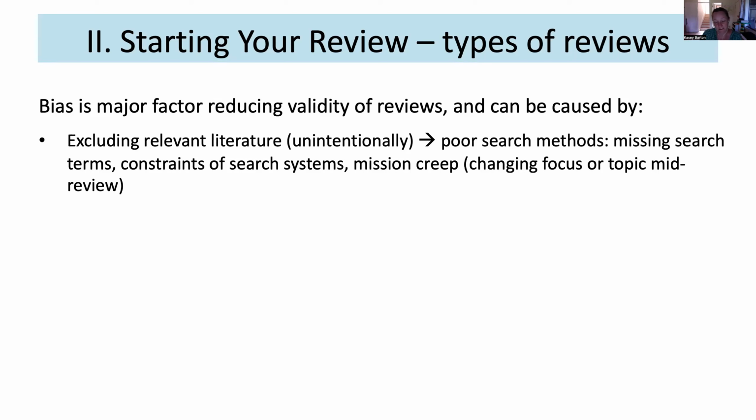I think that's probably typical and not a problem, except that if you haven't then done some searches to identify the literature related to your new focus, now you've introduced bias to the literature that you're reviewing. So excluding relevant literature is probably really common, but something that we want to avoid if we're trying to seek general patterns.